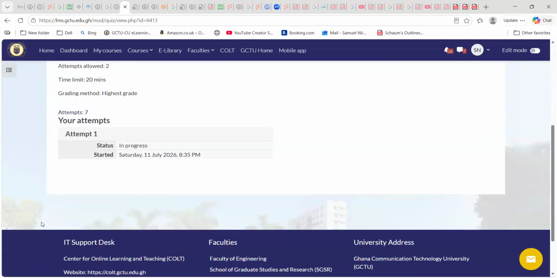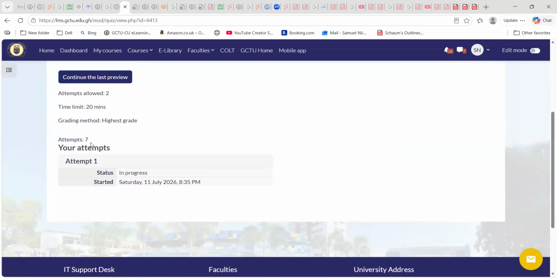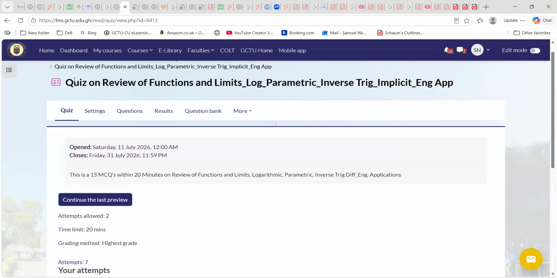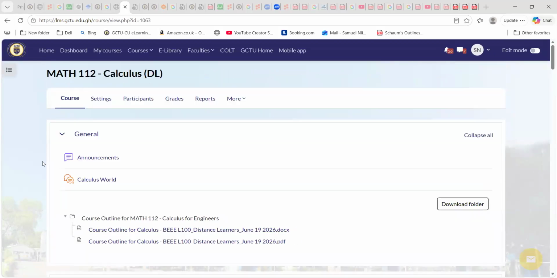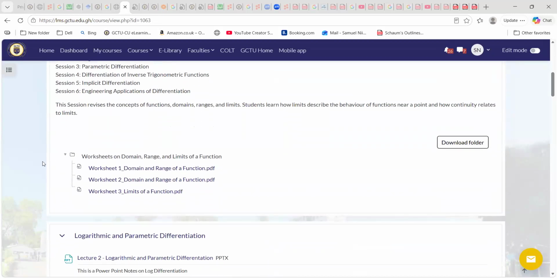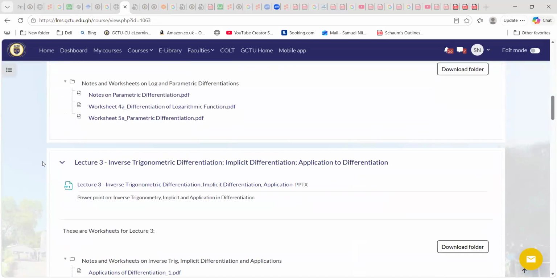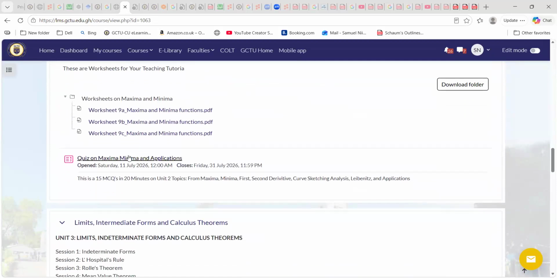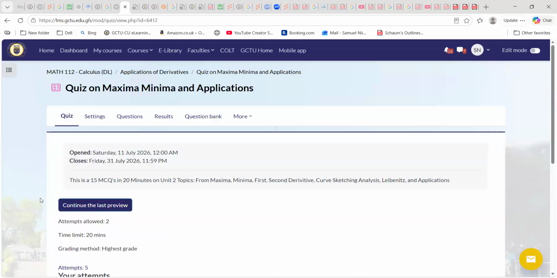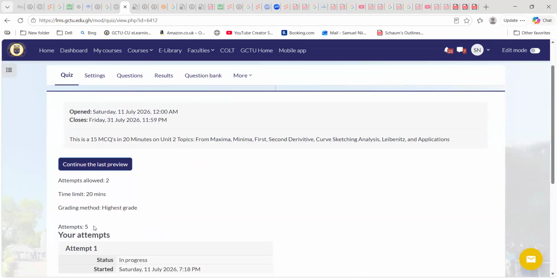The 7 people who have attempted it, there are 7 here. And then the second one, the quiz on maxima and minima, 5 people have attempted it.